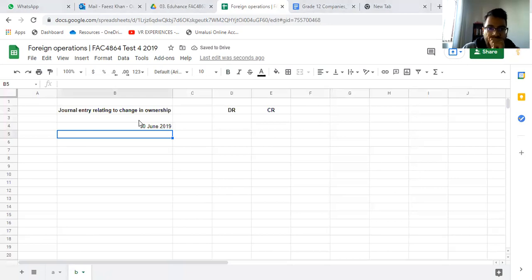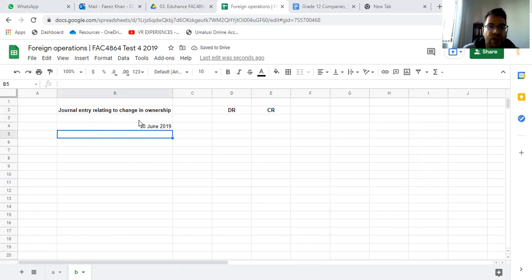What does the required have to say? The required says, assist the group accountant to complete the pro forma journal entries regarding the disposal of Endgame PLC on 30th June 2019. Provide any additional pro forma journal entries that are required to account for the disposal of a subsidiary on that date. Pro forma journal entries to account for the investment in the associate are not required.